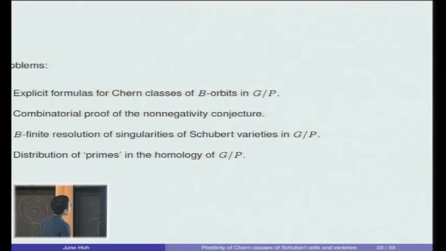And the second thing that you can pursue is, of course, a combinatorial proof, or even better, an algebraic proof of this non-negativity. Even just in the Grassmannian case, we don't know. And if the general case of this non-negativity is true, then you could aim for a general proof in that approach. Well, these numbers are fairly natural and very canonical.